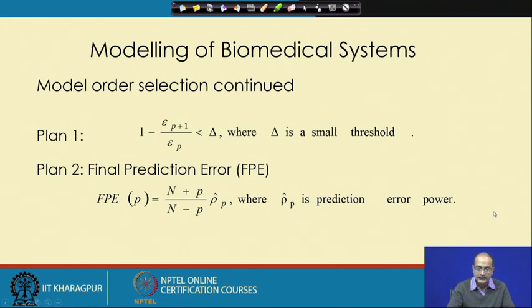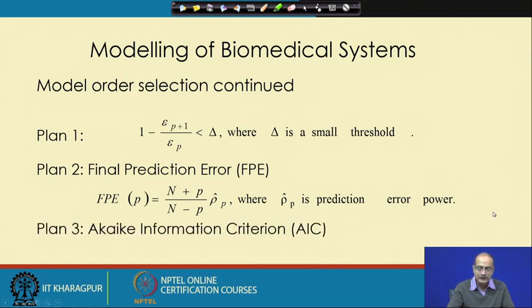So, there has been a proposition based on information theory by Akaike, known as the Akaike information criterion, which gives a technique to select the model order.